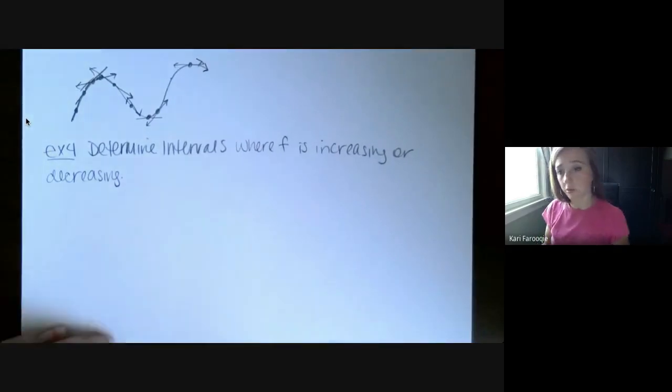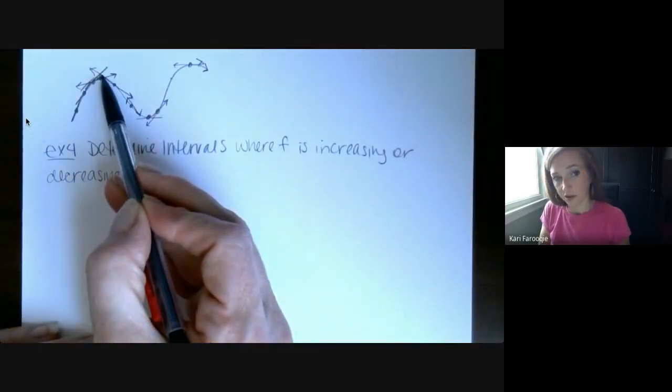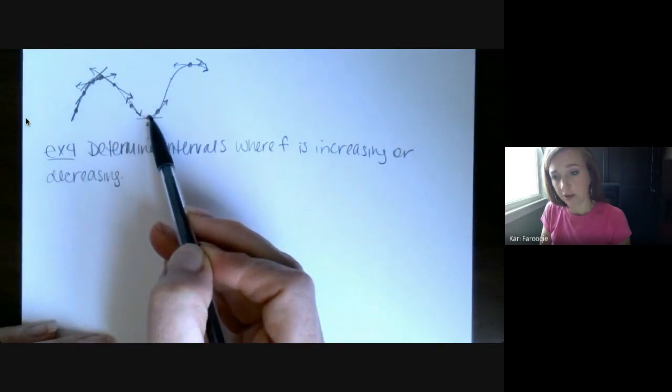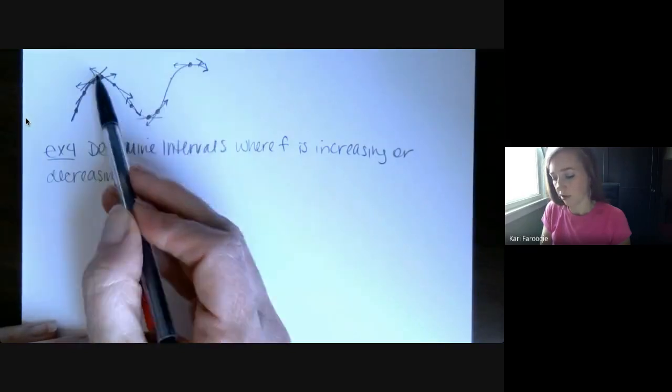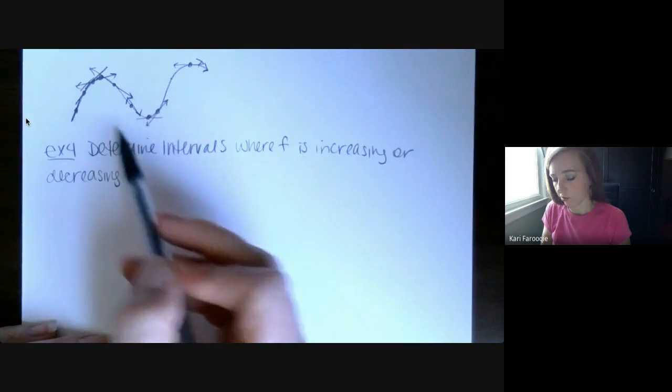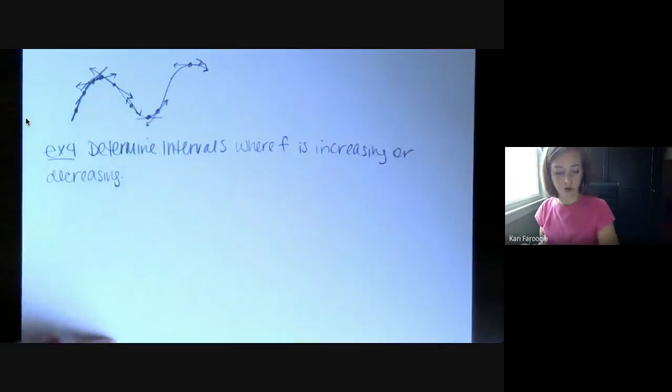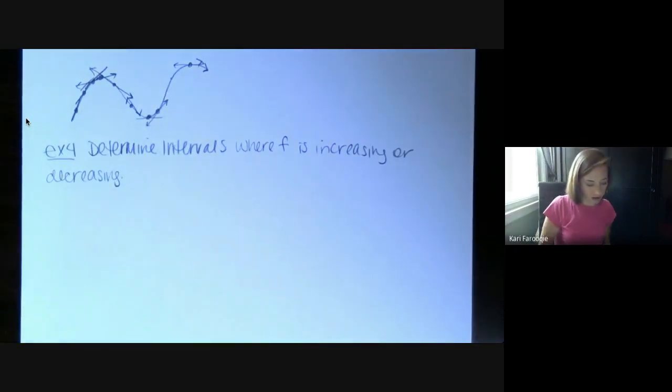So the critical numbers are going to yield these places here at the top and the bottom of your curves. Any sort of local minima or maxima, which we'll formalize in 4.4. The way your book breaks this down kind of drives me crazy, but it just makes more sense to follow the structure as far as your homework is concerned.